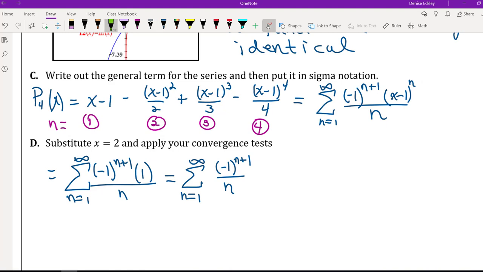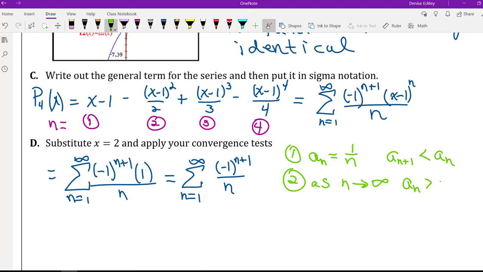So what we have then is, our first thing is to notice that a sub n is equal to 1 over n, and that a sub n plus 1 is going to be less than a sub n. So then our second thing is that as our n's get larger, we have a positive a sub n.